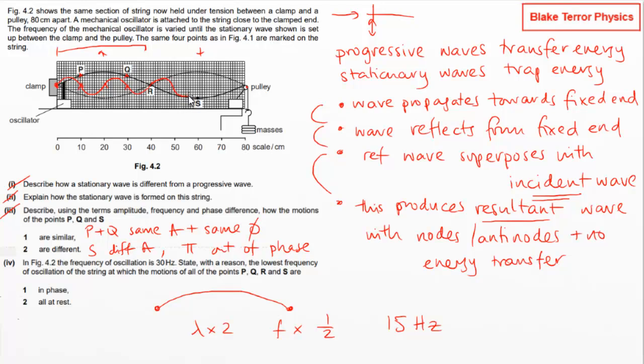How many is that? That's now 4 wavelengths rather than 1 wavelength in there. So the wavelength now is a quarter of what it was before, which means our frequency will be 4 times higher, which means 120 Hertz.